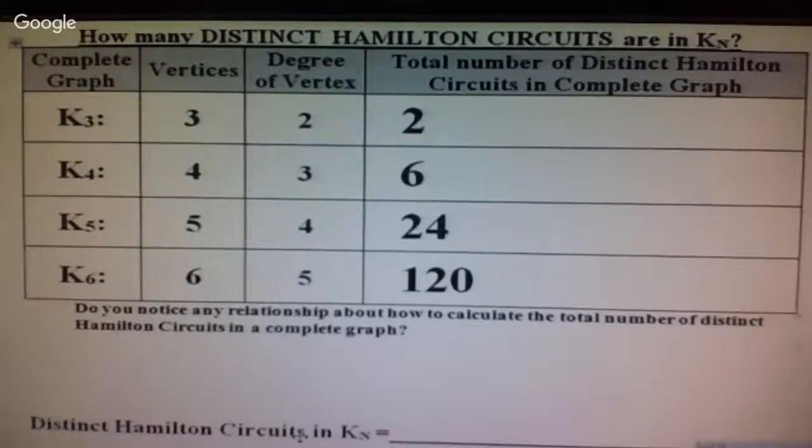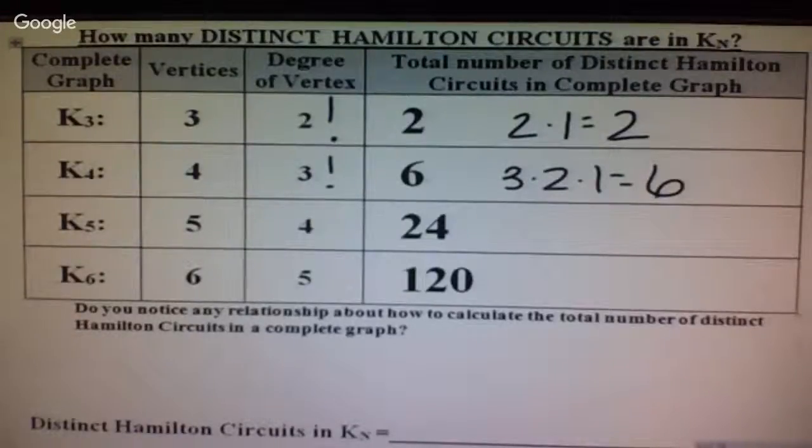You use this symbol in English and in math. Oh, the exclamation point. If I factorialize 2, that means it's 2 times 1, which is 2. If I factorialize 3, that means it's 3 times 2 times 1, which is 6. Factorialize 4. 4, 3, 2, 1, 24.